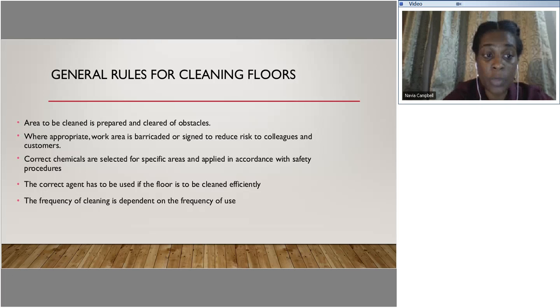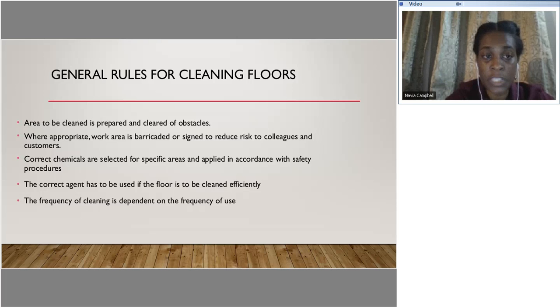Typical rules for cleaning floors. Of course, any area that you will clean, you have to ensure that the area is prepared and clear of any obstacles, things that may cause you not to clean the area thoroughly. Where appropriate, you barricade the area to reduce risk to your customers and your colleagues, such as putting up your cleaning in progress or your wet floor sign.